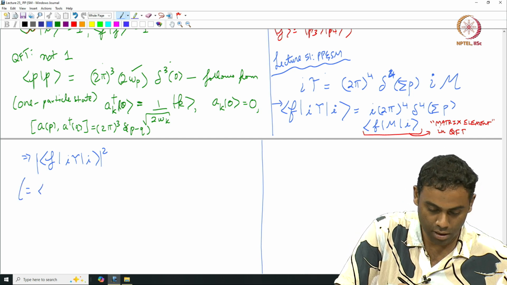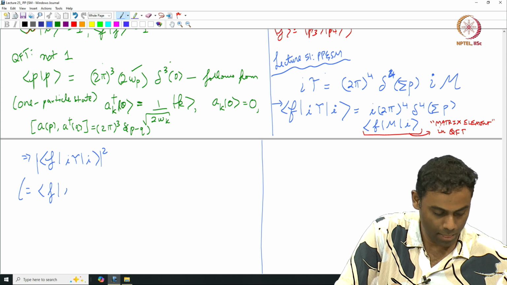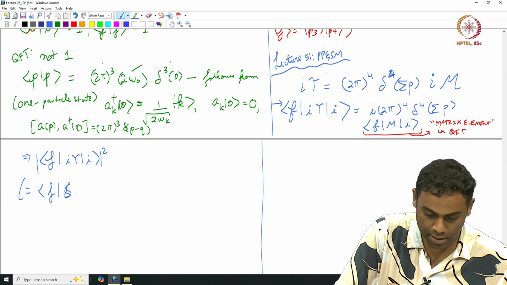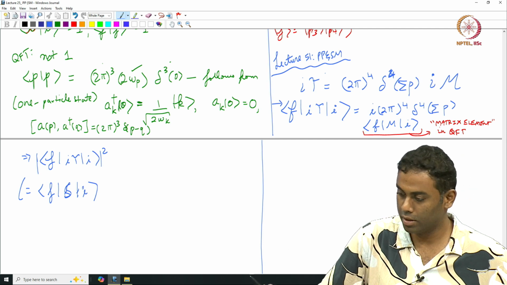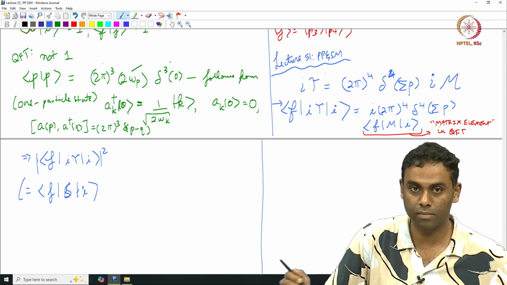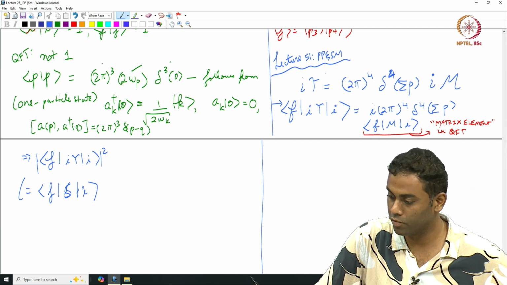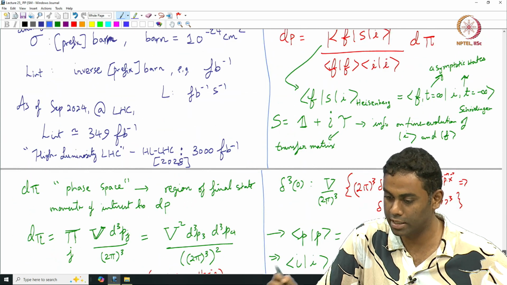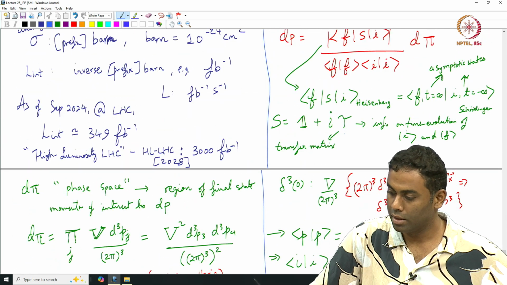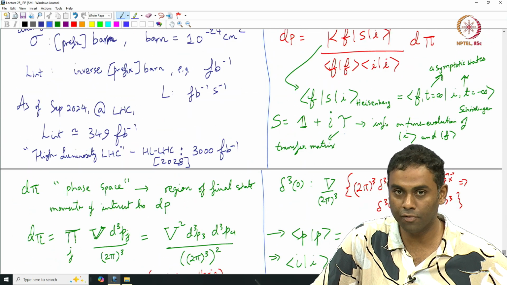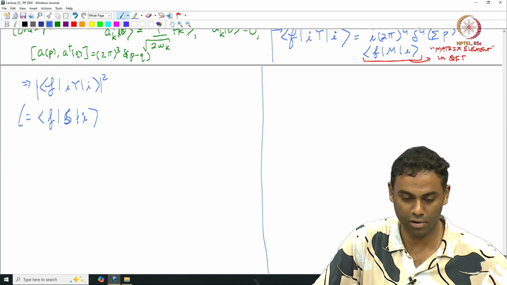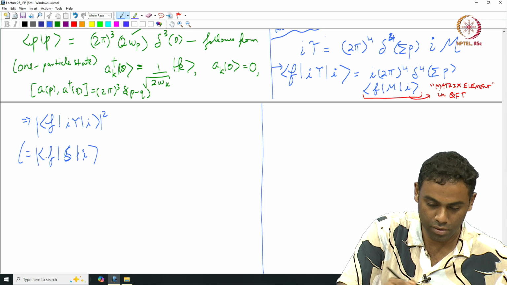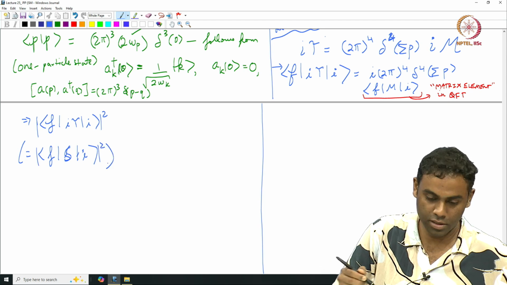That is nothing but S itself. The identity matrix is not going to do anything, that just goes to 0. So, when I write S as identity plus iT, if I take the inner product of F and I, that's just 0, there is no transition there.